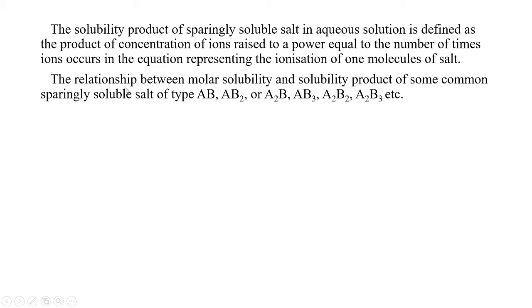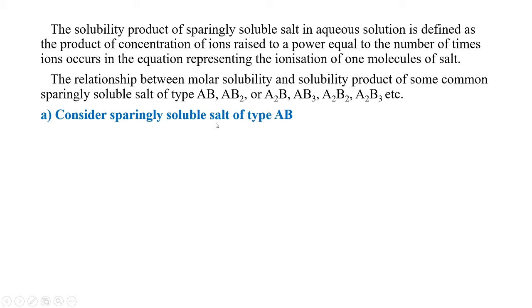Now let us discuss the relation between molar solubility and solubility product, for some common sparingly soluble salts of the types AB, AB2 or A2B, AB3, A2B2 and last one A2B3.